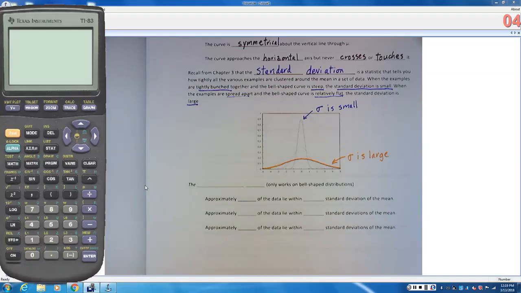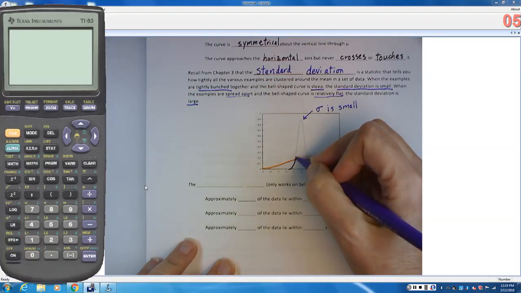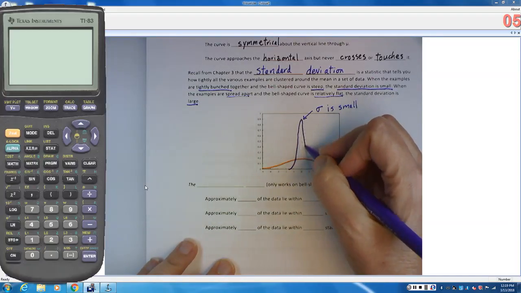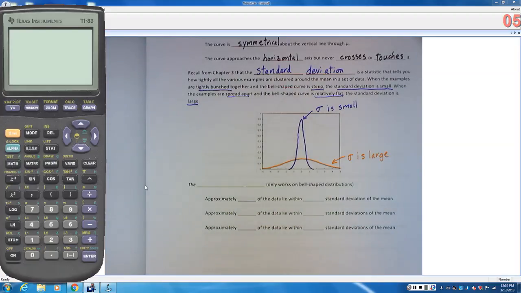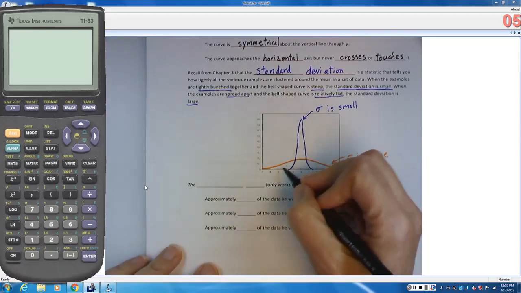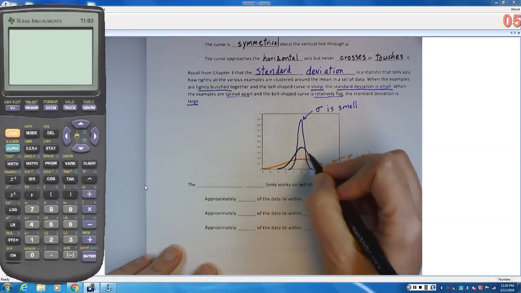And these are distributions, so I'm using distribution symbols. Sigma is the symbol for the standard deviation of the distribution. So, small, here's a picture of that, and then the other picture is this picture in black here.